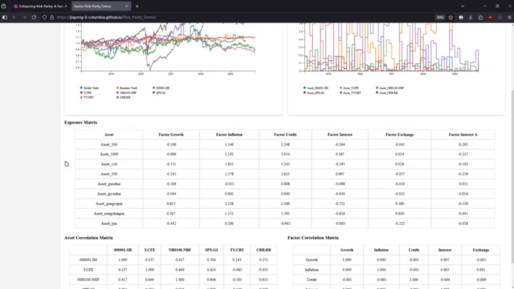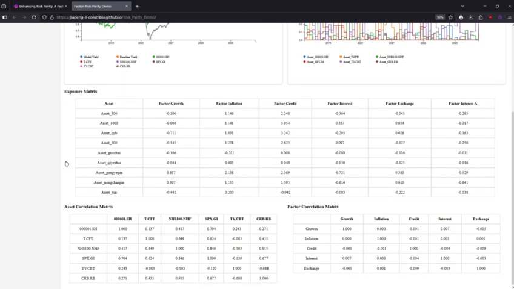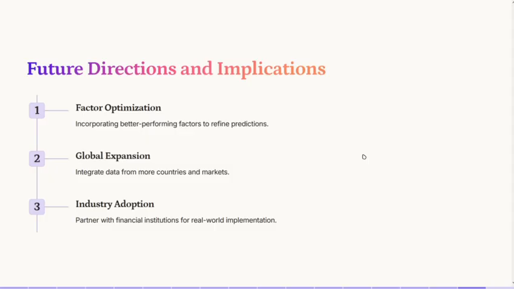The linear regression model will update every month with regard to the trading frequency of the model. And the last part is the asset correlation matrix and the factor correlation matrix, which are also important in the modeling.